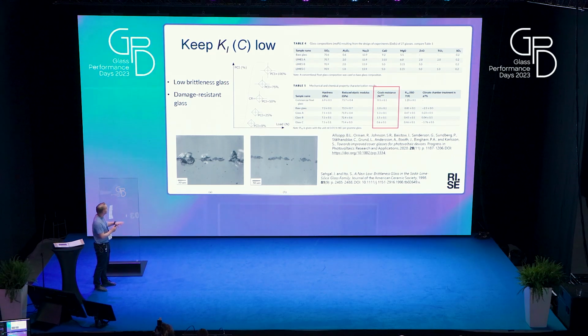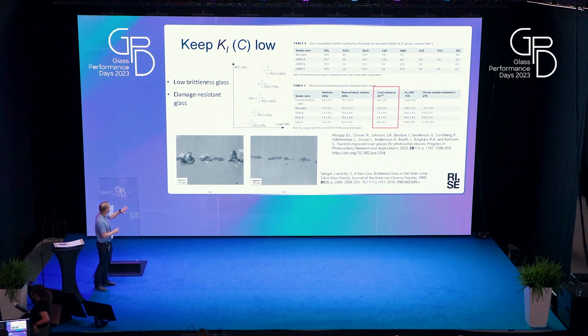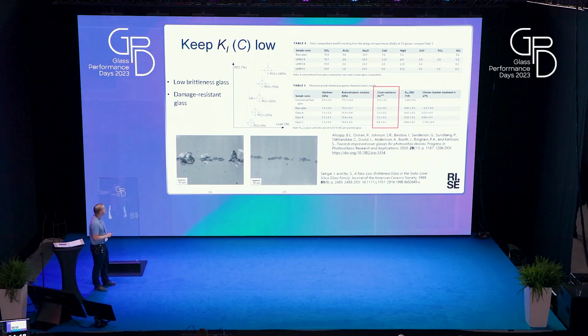And by just small modifications of a normal soda lime silicate glass, you can in fact double the crack resistance. And that's pretty remarkable without changing hardness and the elastic modulus very much. So there's room for improvement, basically. And this will also affect the strength of glass in the long run.